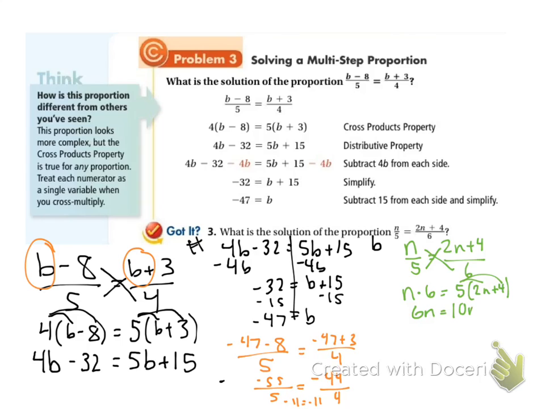So I get 10n plus 20. I'll make this my n side, since it only has n's over there. And I'll make this my number side, since it's the only side with a number. So I'll subtract 10n. I get negative 4n equals 20. If I divide by negative 4, I get n equals negative 5.